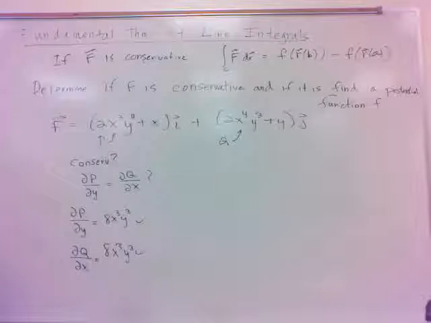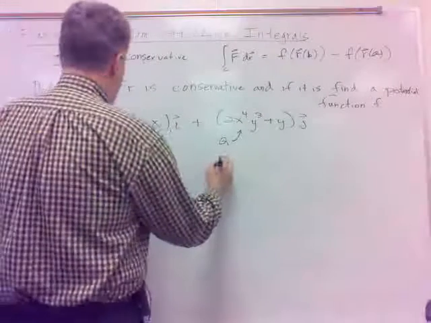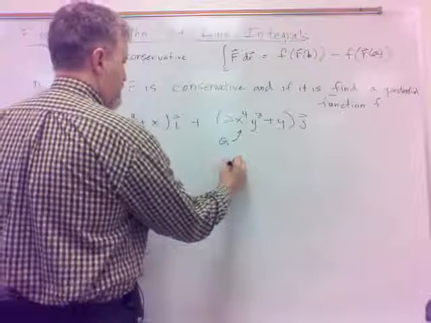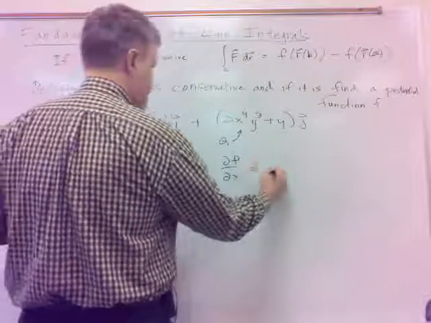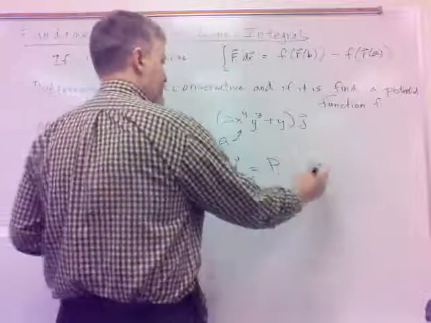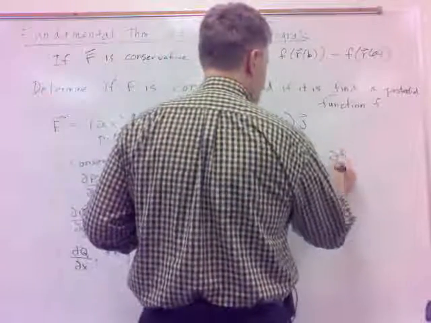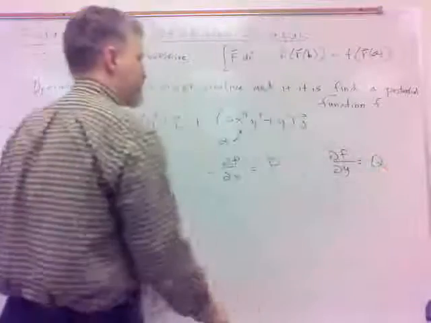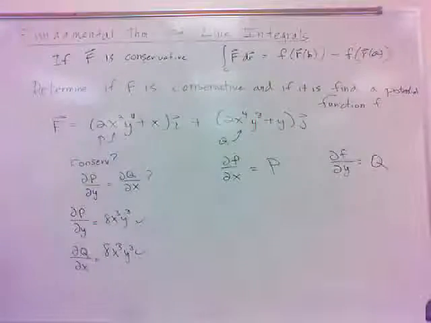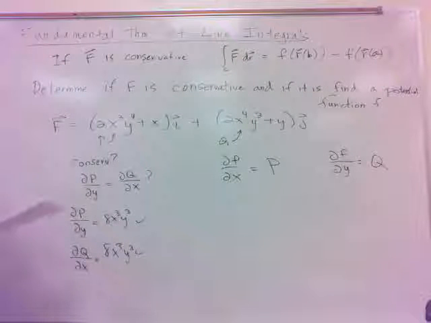So it is conservative. So since it's conservative, we would need the partial of f with respect to x equal to P and the partial of f with respect to y equal to Q, by the previous thing we spoke of.